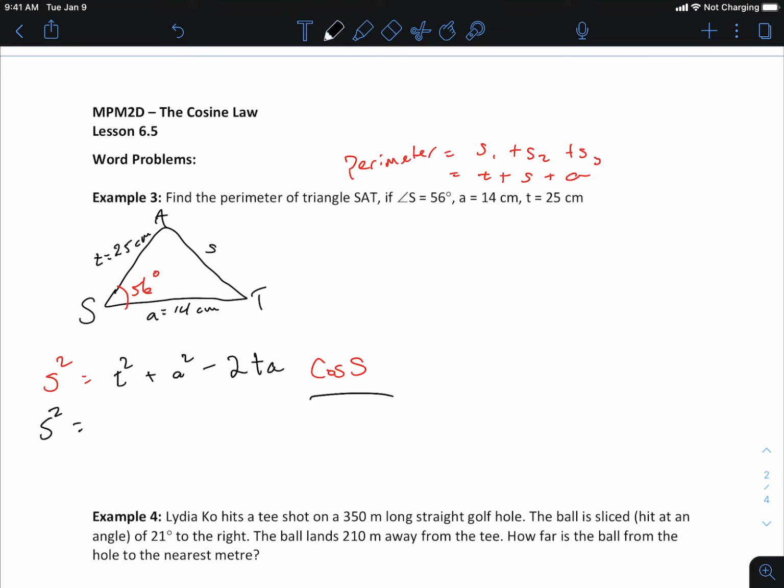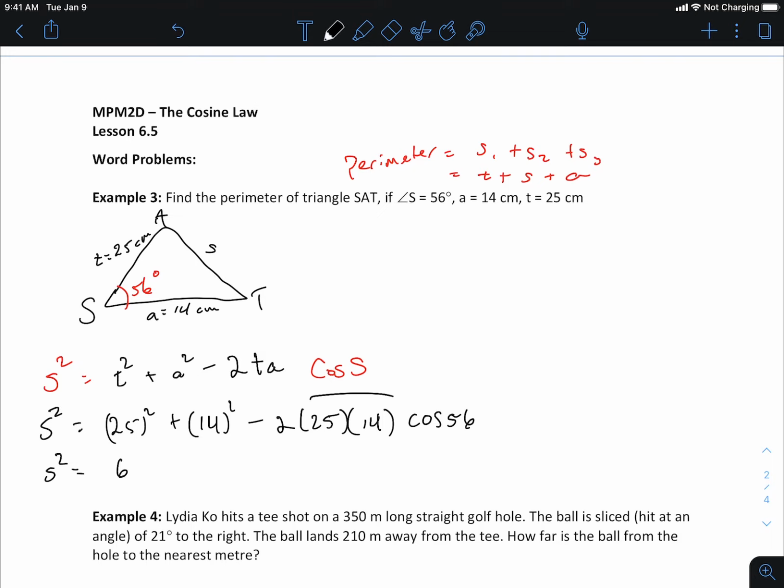S squared is going to equal 25 squared plus 14 squared minus 2 times 25 times 14 cosine of 56. 25 times 25 is 625.